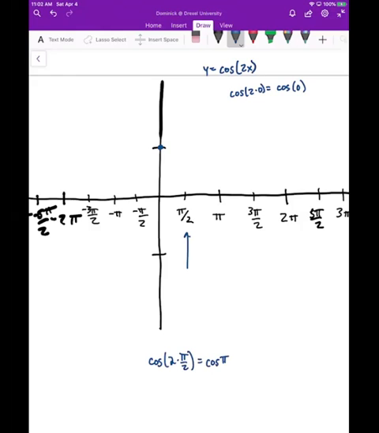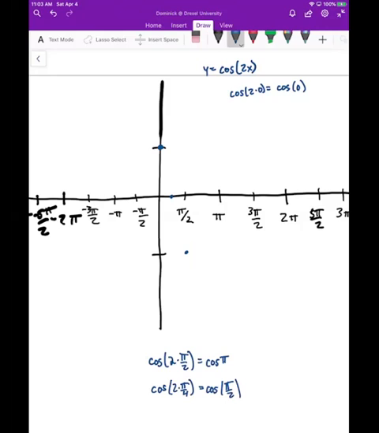But what's cosine of pi? Cosine of pi is actually -1. So instead of going to 0, I'm going to go right to -1. And of course, where do you cross 0? You cross 0 at pi over 4 as your x value, because that's equivalent to cosine of pi over 2. So halfway in between is when you're going to hit 0.